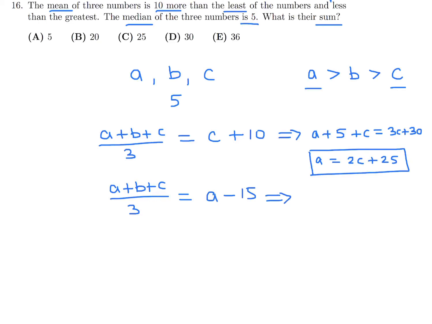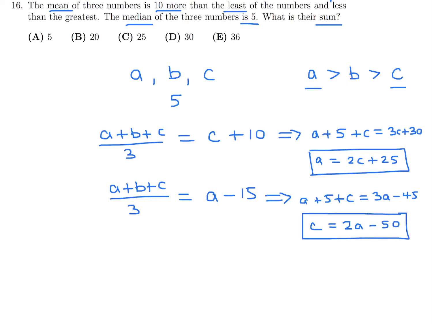This one here, A plus 5 plus C is equal to 3A minus 45. And therefore, this becomes C is equal to 2A minus 50. All right, so we got two equations, two variables, we can figure it out.